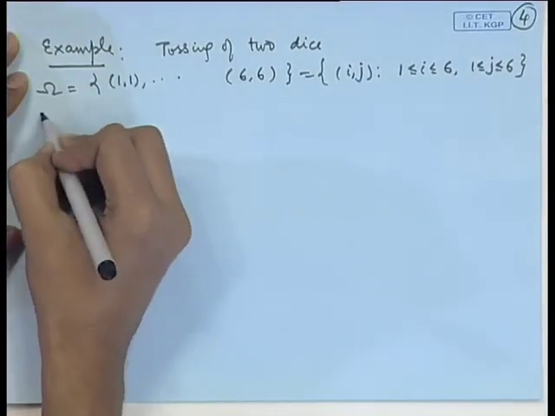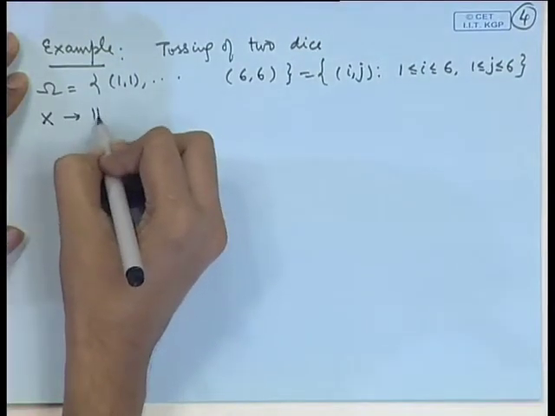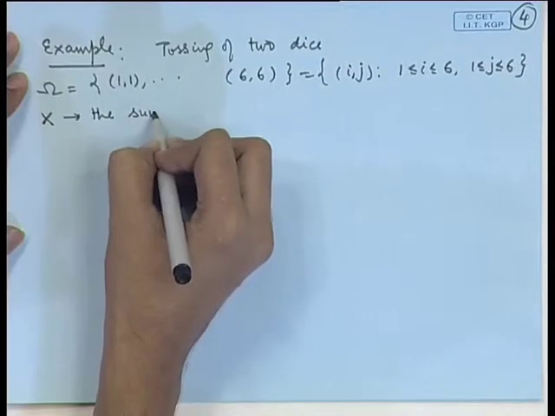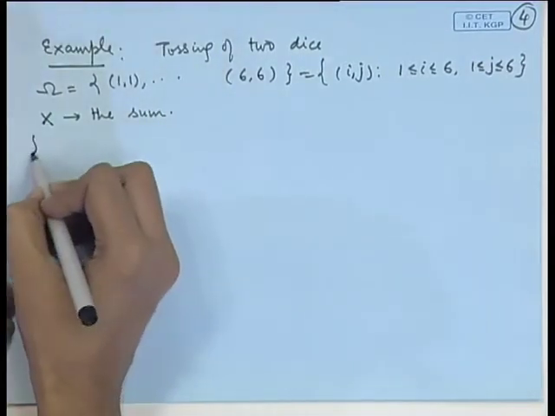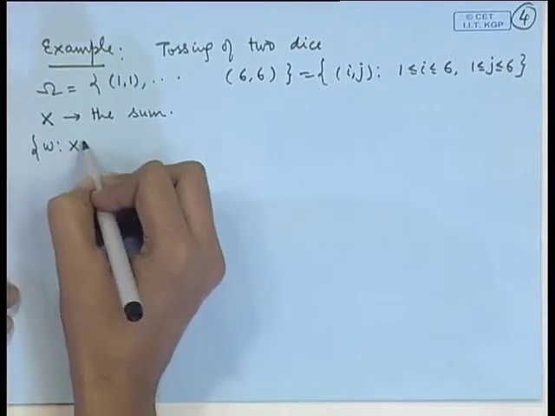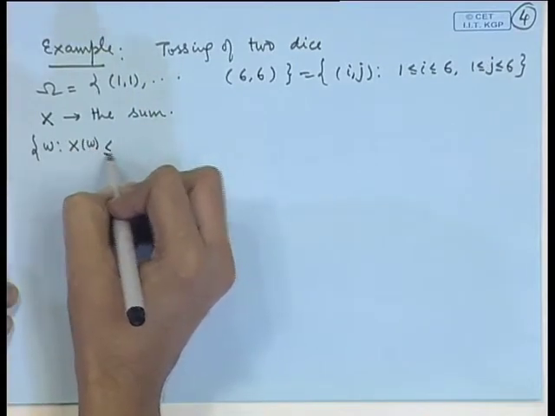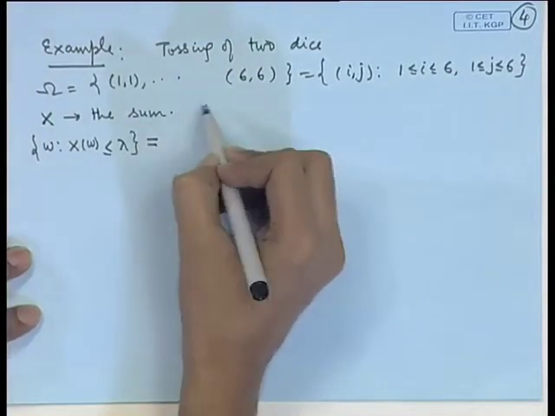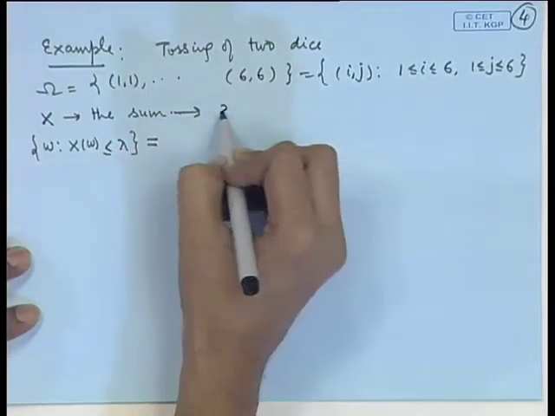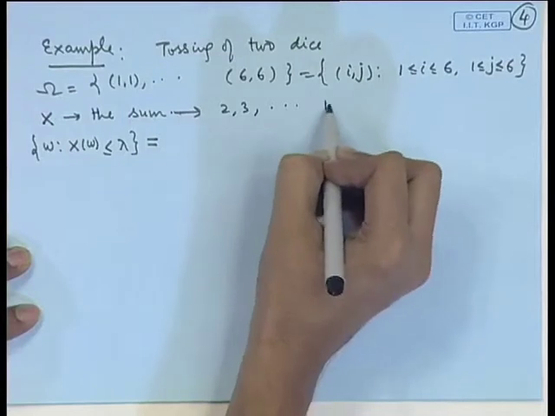So, if I define the random variable X as, say, the sum observed, and we want to write down the set of omega, say X omega less than or equal to lambda. Now, if you look at it, this sum will vary from 2 to 12.